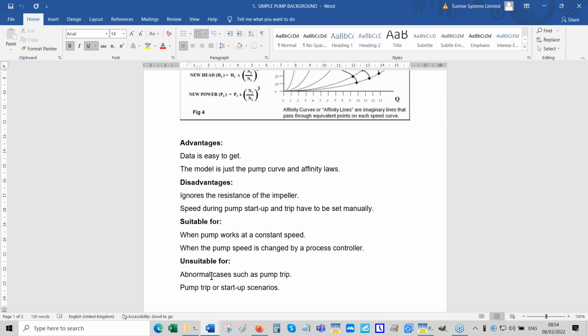And this cannot model how the pump or the system may respond under those circumstances. You cannot model how the pump is going to start up. And you have to set this manually. Okay, so that's the disadvantage of the pump, and it summarizes where you could use them.